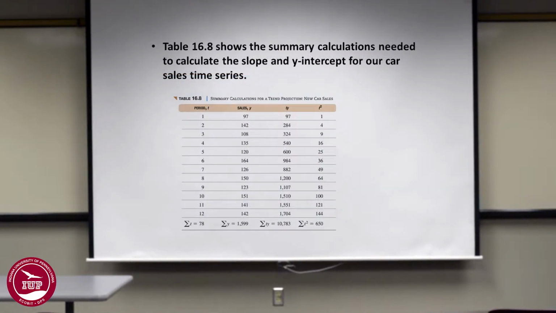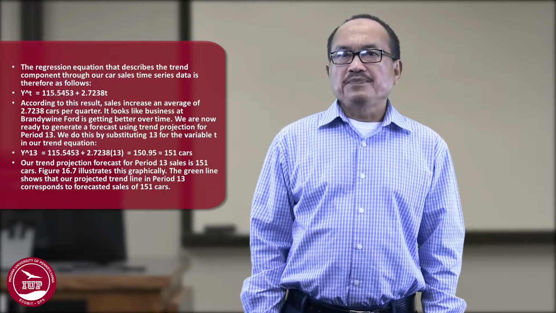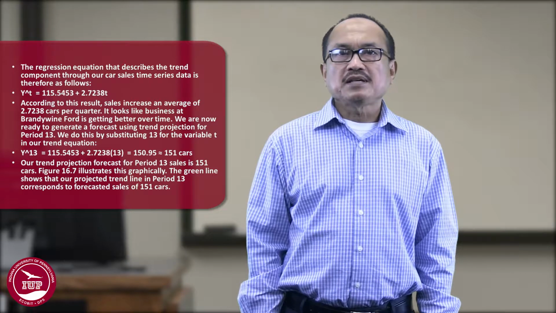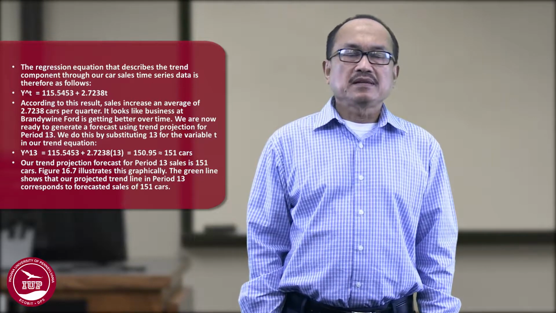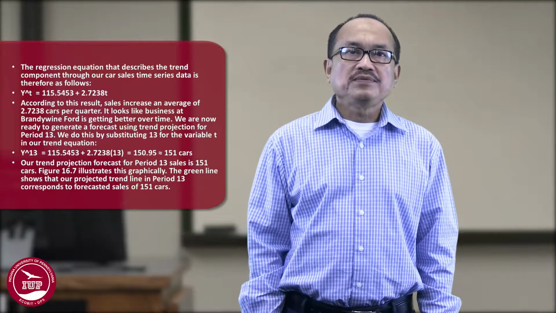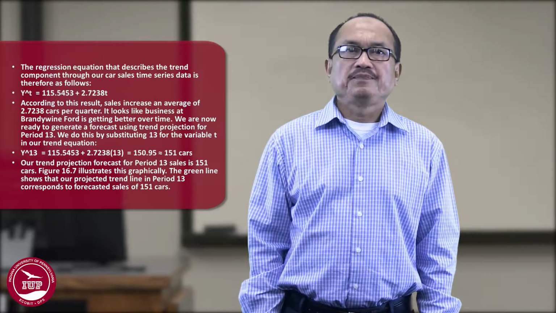Table 16.8 shows the summary calculations needed to calculate the slope and y-intercept for our car sales time series. The regression equation that describes the trend component of our car sales time series data is therefore as follows: ŷ_t equals 115.5453 plus 2.7238t.